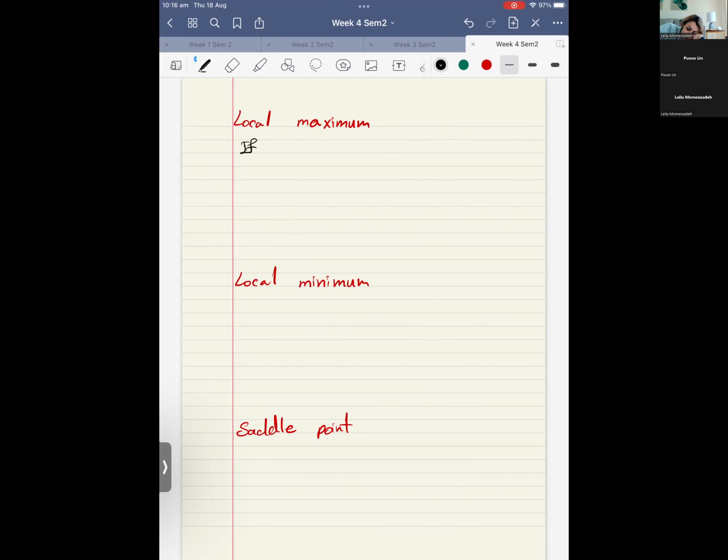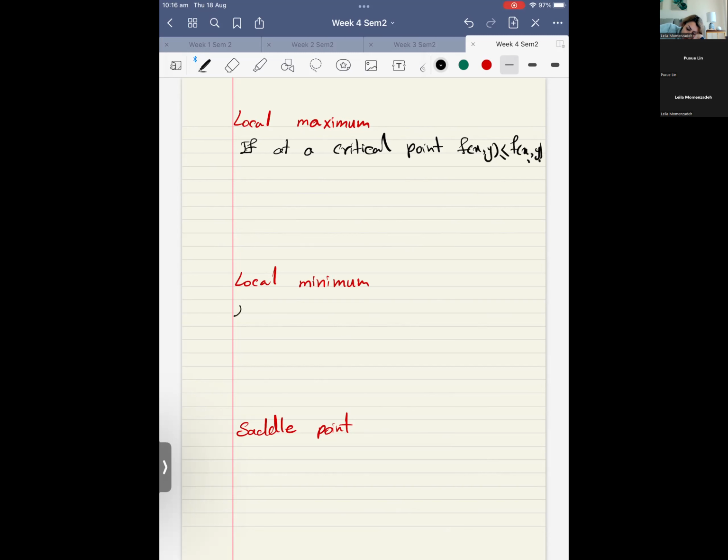If at a critical point, f(x, y) is less than or equal to f(x naught, y naught), this point is called a local maximum.